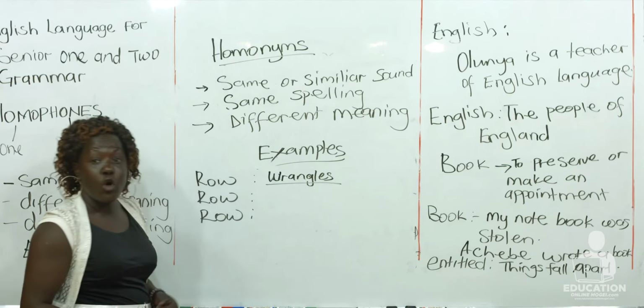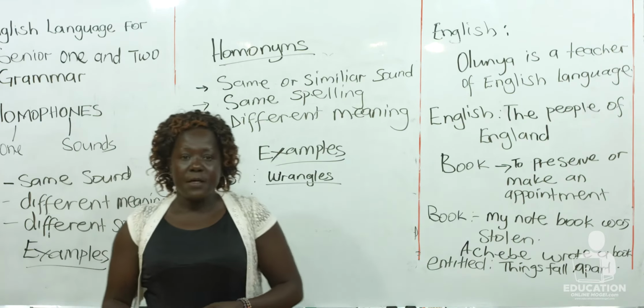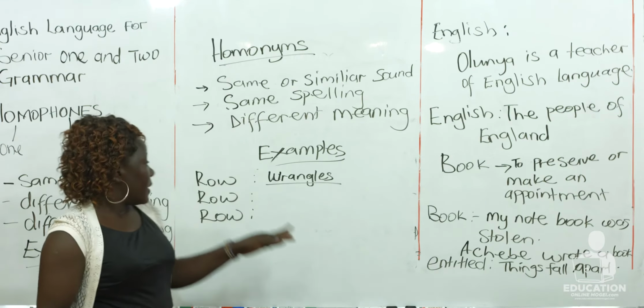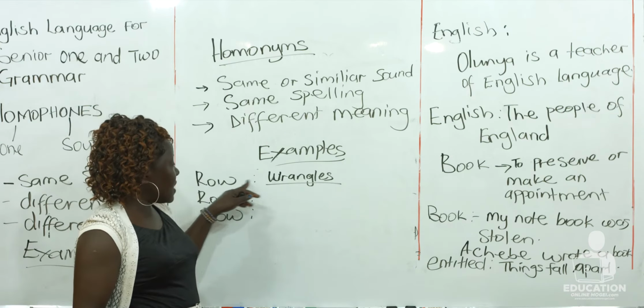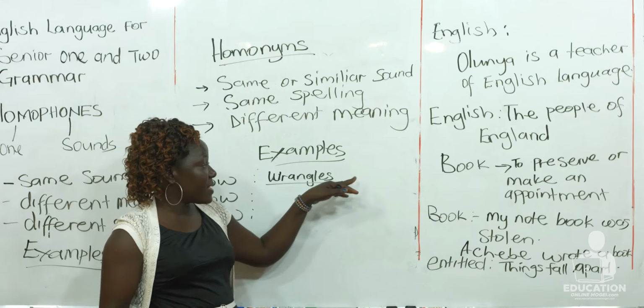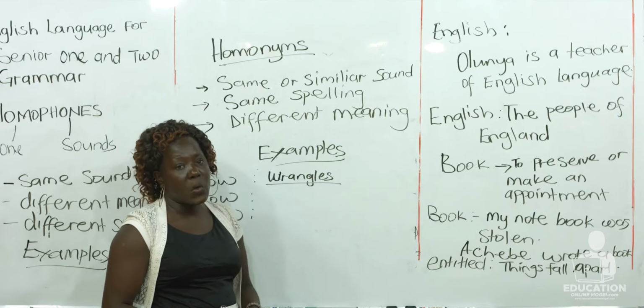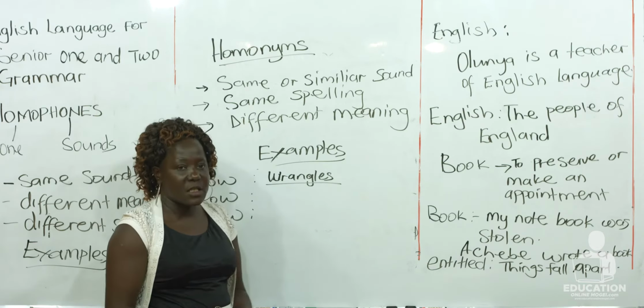To wrangle means to conflict with someone. So you can say, my auntie has a very sharp row with my uncle. That means they're in conflict.